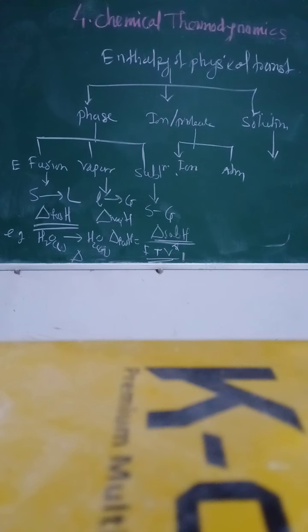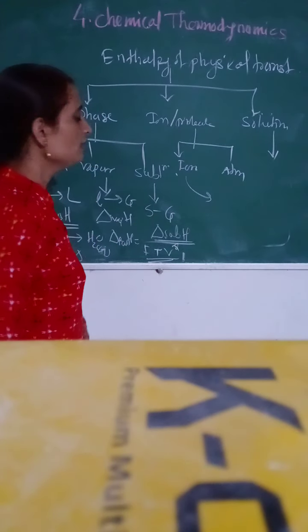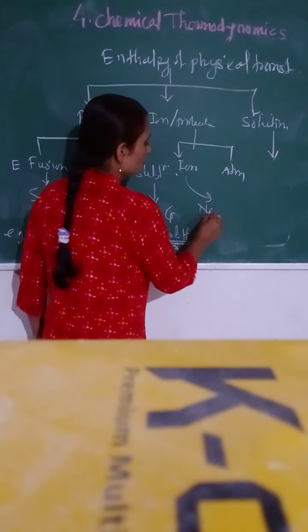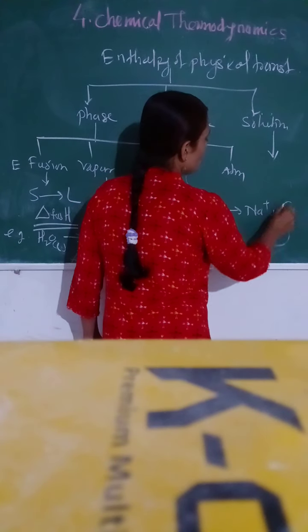Then the second type is the enthalpy of ionization. Ionization means, let's take the example of sodium, which is converted into Na plus by removal of an electron.